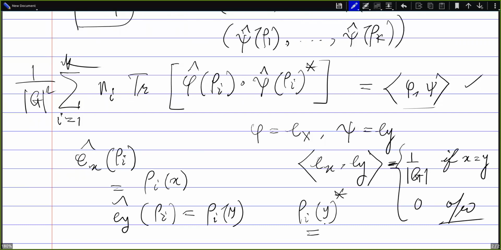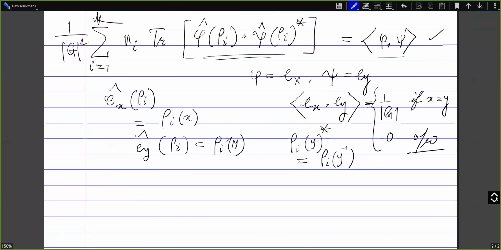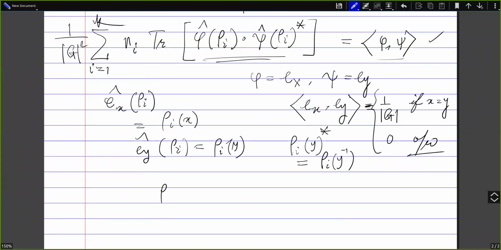So rho_i(y) star is nothing but rho_i(y) inverse, which, from the homomorphism property of rho_i, is simply rho_i(y inverse). Therefore once you take that product, this is simply rho_i(x y inverse), and once you take the trace, it will be just chi_i of x y inverse.